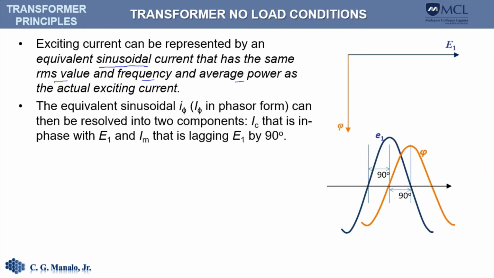And because of that, using the equivalent sinusoidal exciting current, that current can be resolved into two components. We have I sub C that is in phase with E sub 1 or the applied voltage, and another component I sub M that is lagging the applied voltage by 90 degrees and in phase with the flux inside the core.